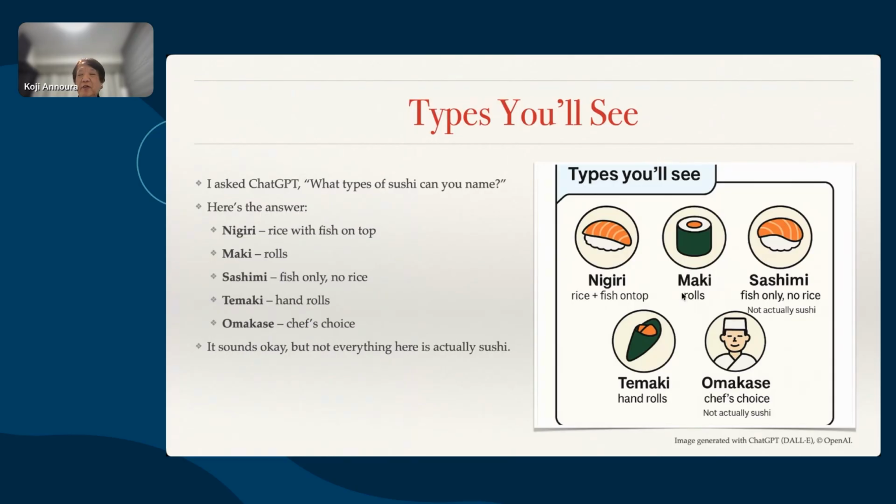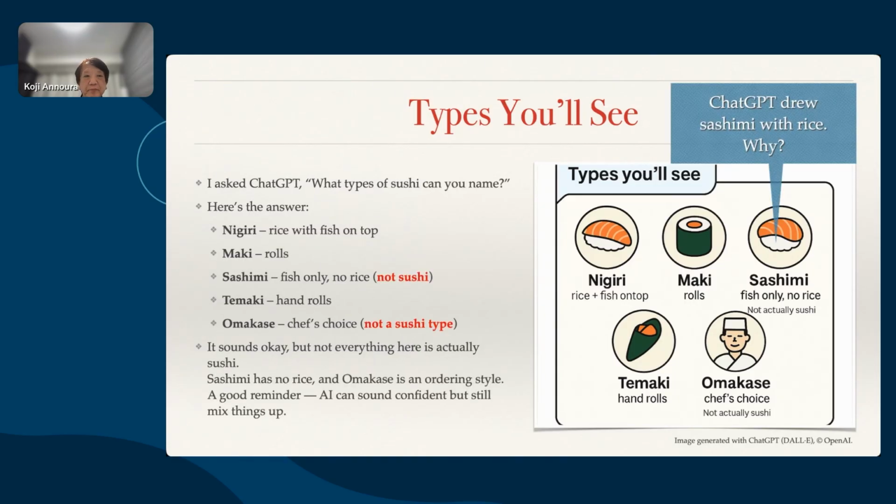And maki, just the rolls, those famous California rolls. Sashimi, fish only, no rice, but this picture is not. And temaki is hand-rolled, like an ice cream, okay? Omakase is chef's choice, not actually sushi, okay? This is not a correct answer.